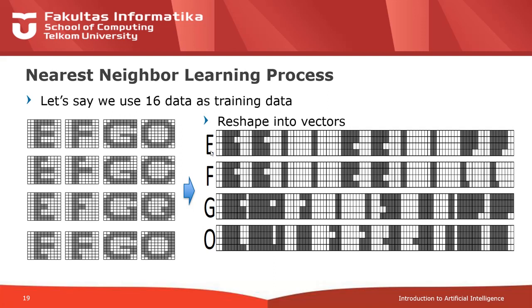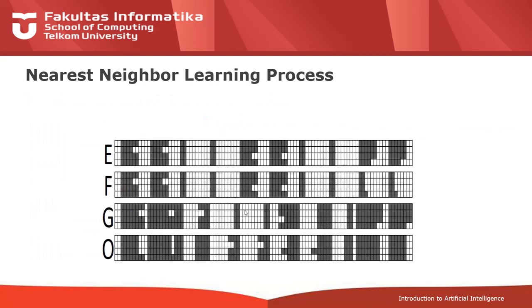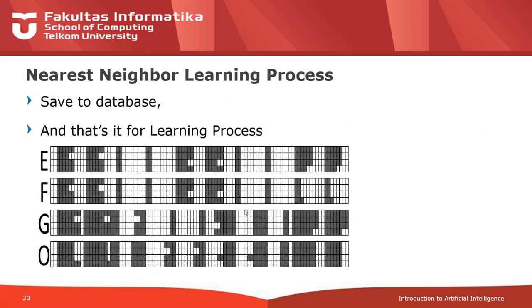We still have 16 training data: 4 for class E, 4 for class F, 4 for class G, and 4 for class O. Then we save it to the database or to the memory. And that's it. This is the learning or training process.